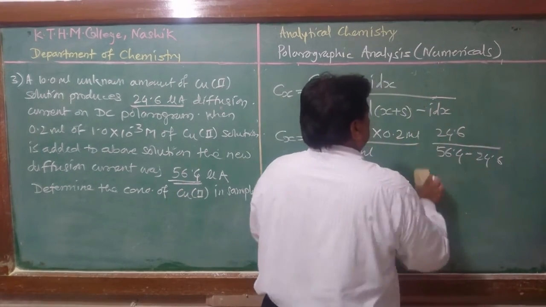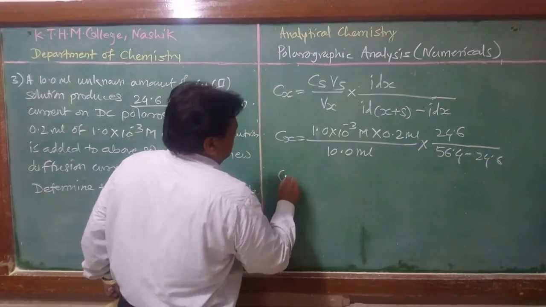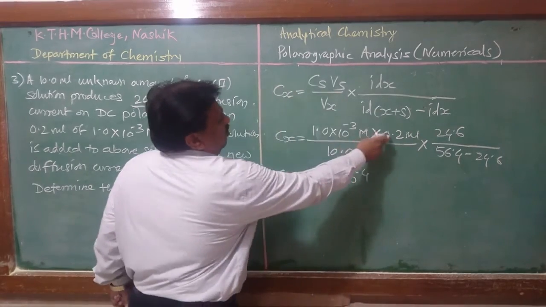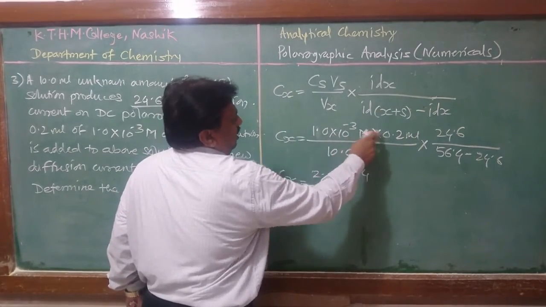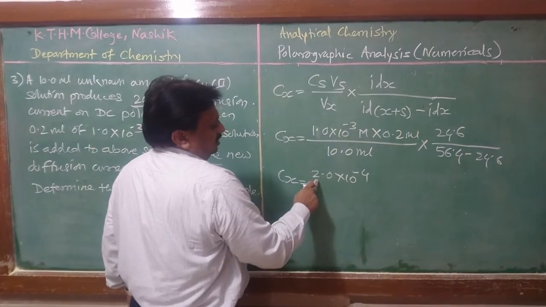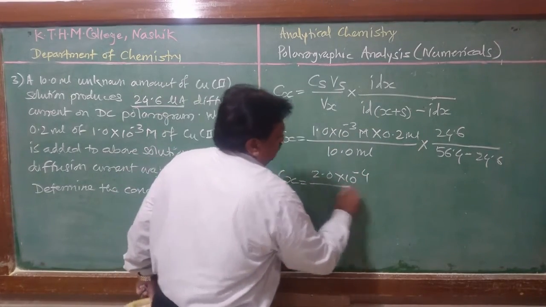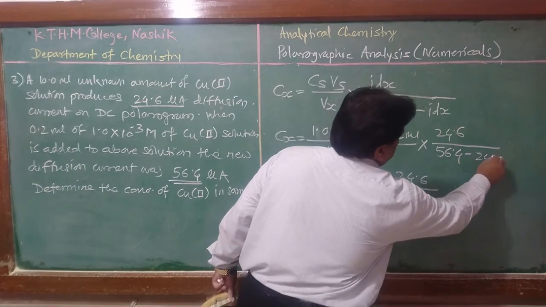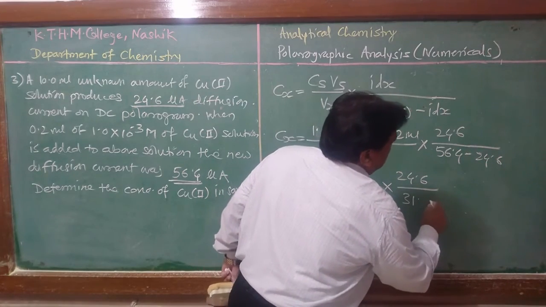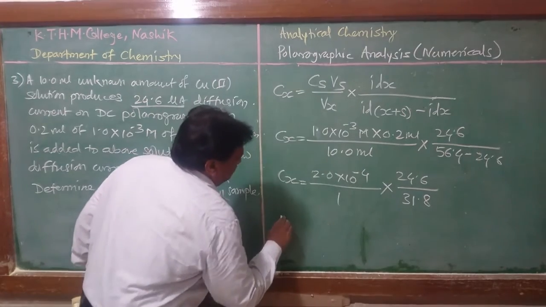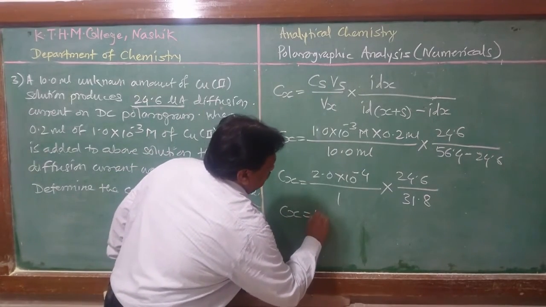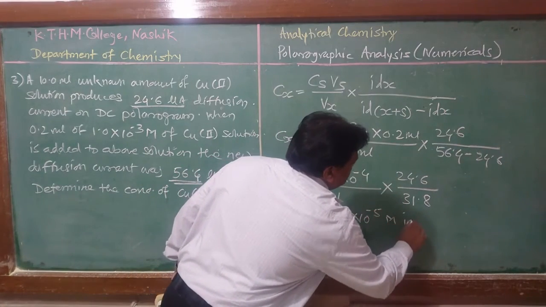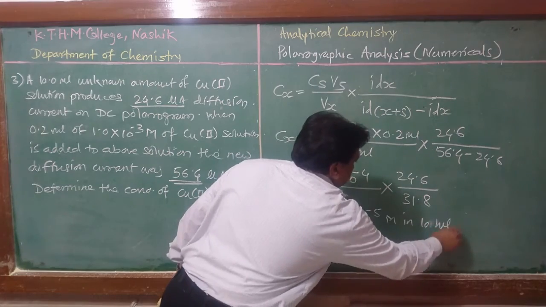Here Cx is equal to 0.2 into 10 raised to minus 3 divided by 10, that means 2.0 into 10 raised to minus 4, into 24.6 divided by the subtraction of these two, 31.8. When we solve this, finally we have this concentration, 1.547 into 10 raised to minus 5 mole in 10 ml. This is the volume in 10 ml.